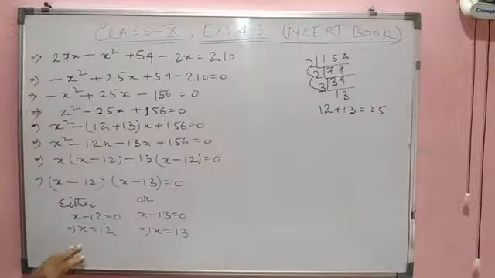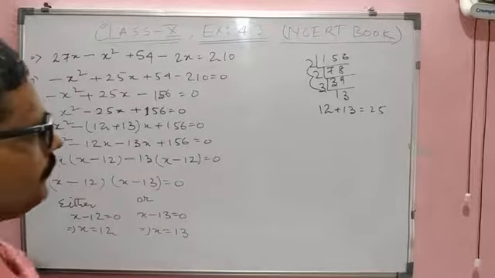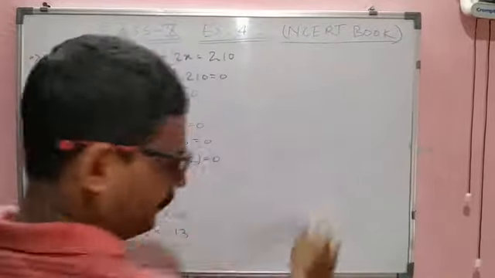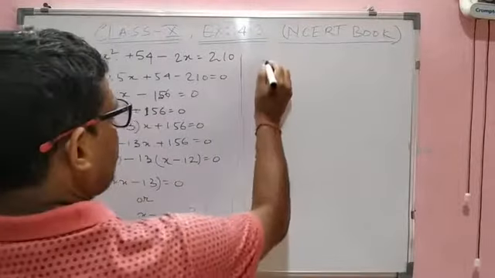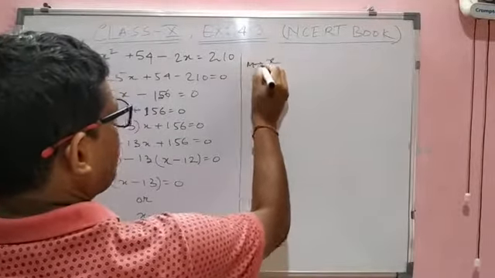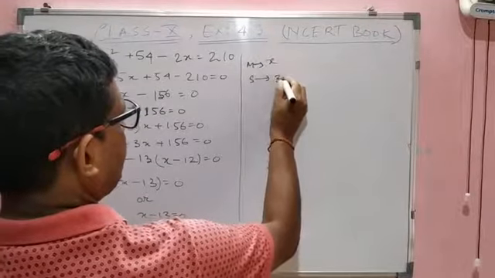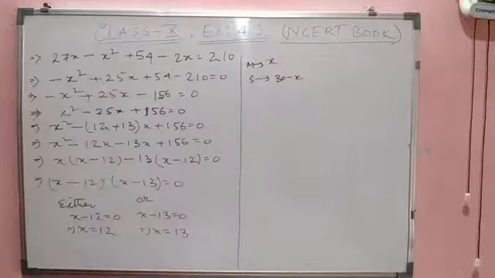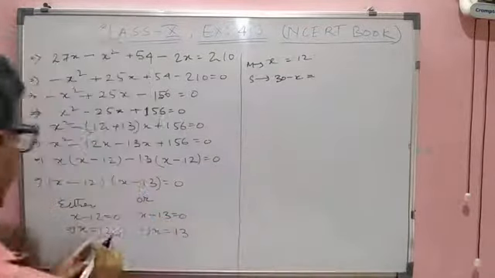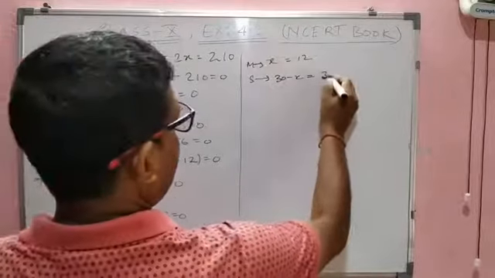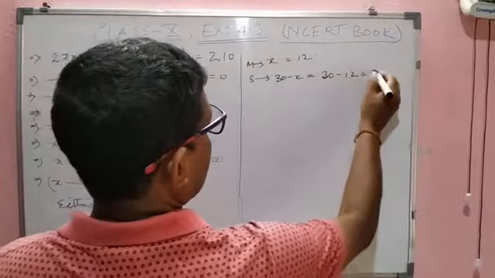Now see, x means the marks obtained in maths, and this is the marks obtained in science. We have chosen this one. So if x equal to 12, marks obtained in maths is 12, then marks obtained in science will be 30 minus 12, that is 18.